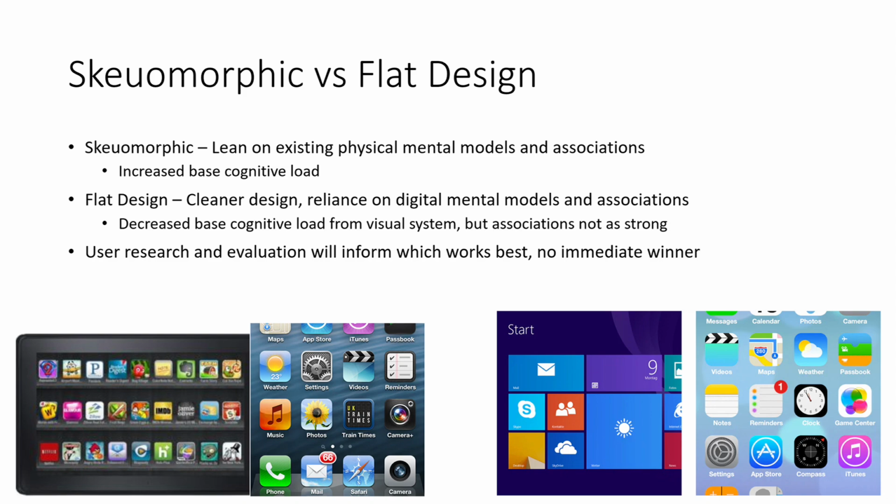And keep in mind, these were designed at a time when broad mobile style interface concepts were not established yet. Now, the reason we don't use these sometimes is because it does increase your base cognitive load. There's a perceptual cost to paying attention to these constructs or shadows in an image, or the reflection in the tabletop. There's a cognitive draw on that.